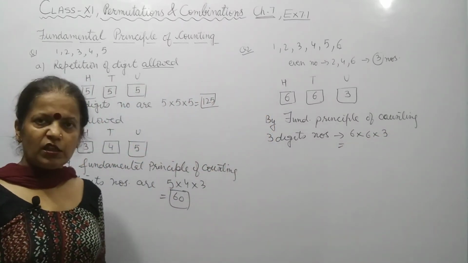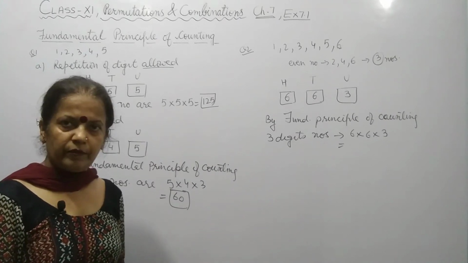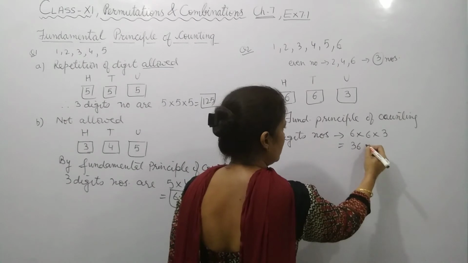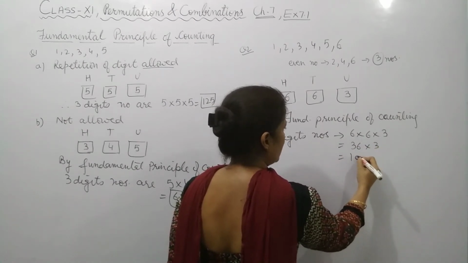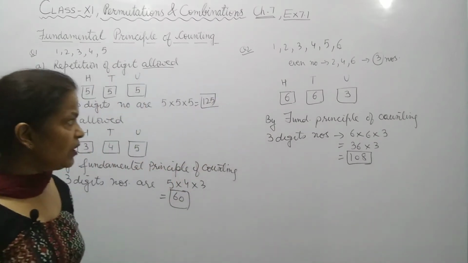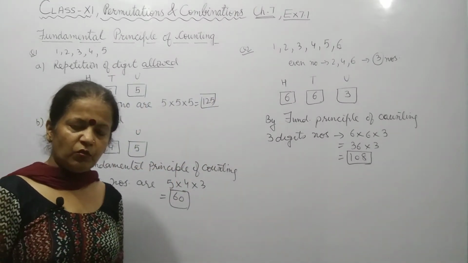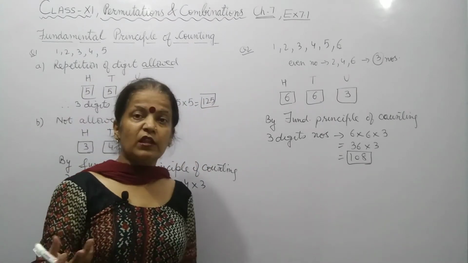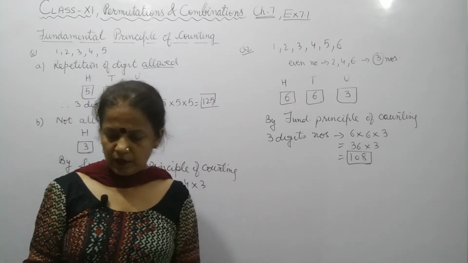Okay, so 6 into 6 into 3. Is it clear? So it will be 36 into 3, 108. So these are the total cases, total 3-digit numbers we can form as even number. Next question.